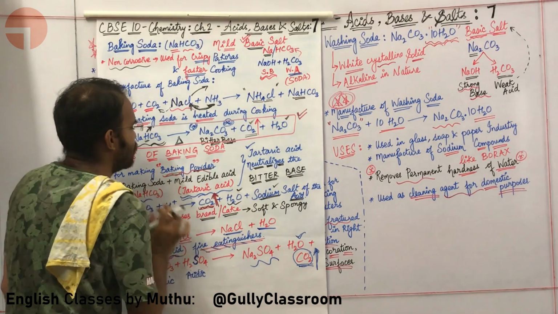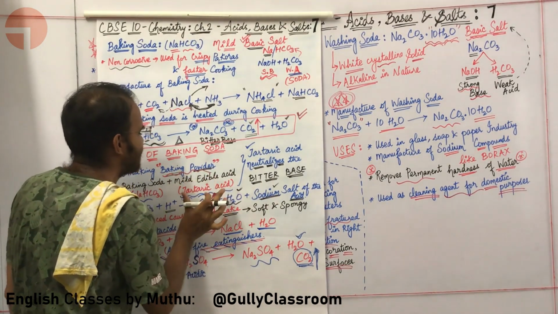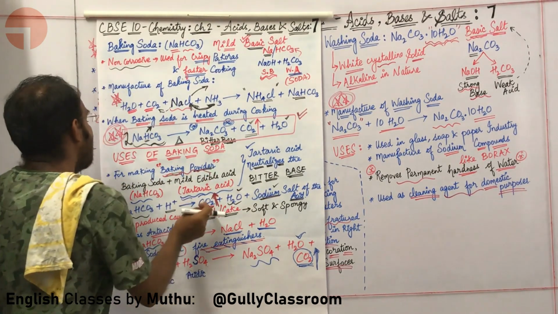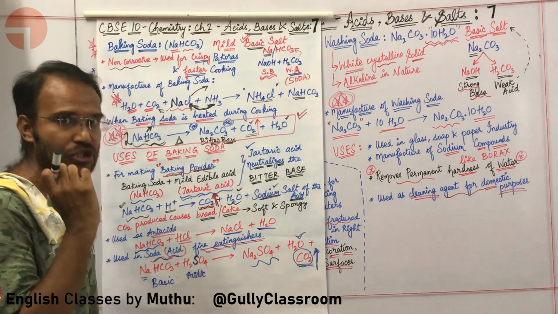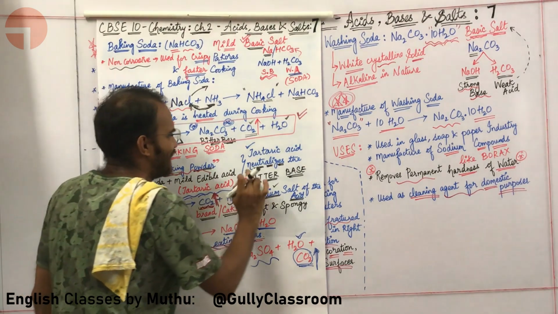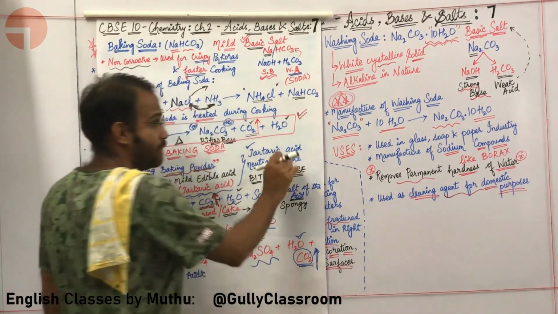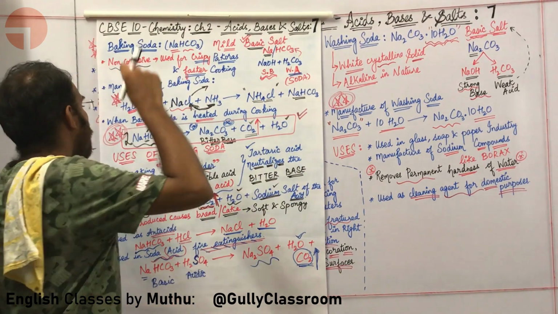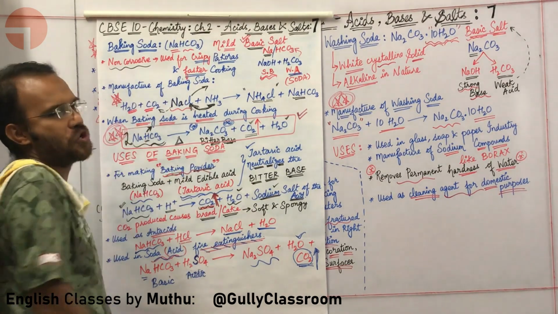Yeah, so we are going to use a mild edible acid, usually tartaric acid, with baking soda NaHCO3, so that the tartaric acid will neutralize the bitter base that is formed while cooking baking soda.